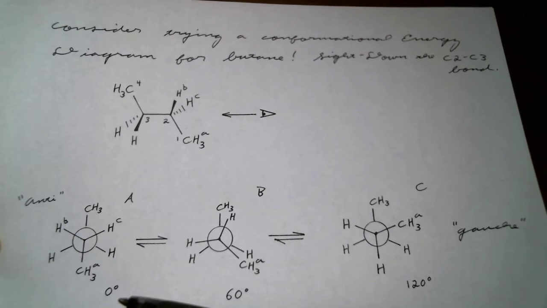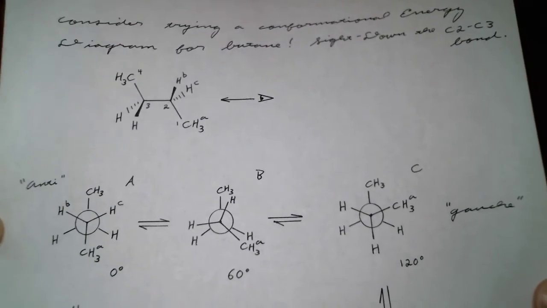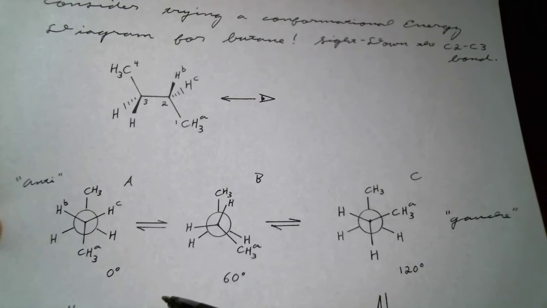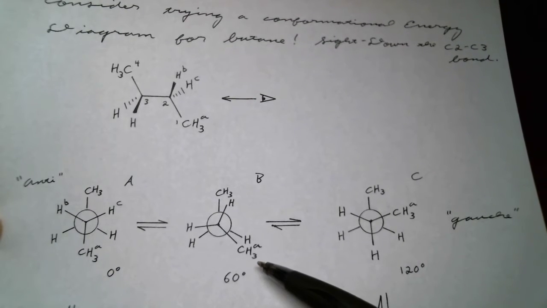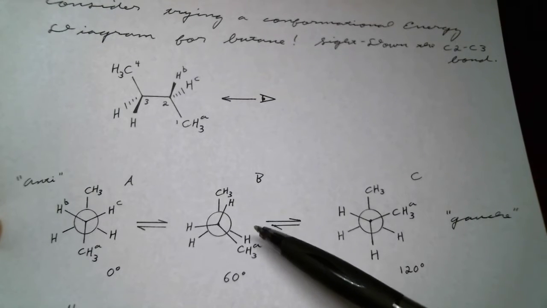We'll also define this as 0 degrees in reference to our energy versus rotational diagram. If we rotate the front by 60 degrees in a counterclockwise sense, we get this eclipsed form of butane.